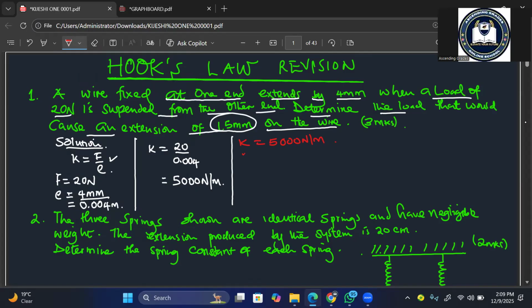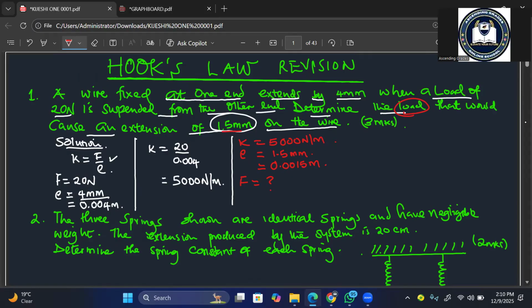Then we have our extension as 1.5 millimeter, and this one is equivalent to 0.0015 meters. Then what we are asked is, what will be the load? So what will be our F? That is the part that we are being asked.